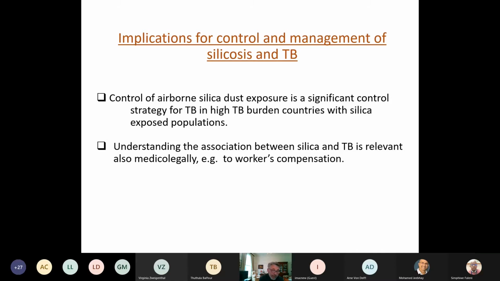It also informs the policy, or the particular legislation, governing the association between silica and tuberculosis.